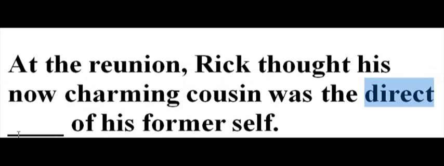What this indicates is that there is an opposite relationship going on here. Because at the reunion, Rick thought that his cousin, which is now charming, was the direct blank of his former self. That means that the direct blank of his former self had to be the opposite of charming.